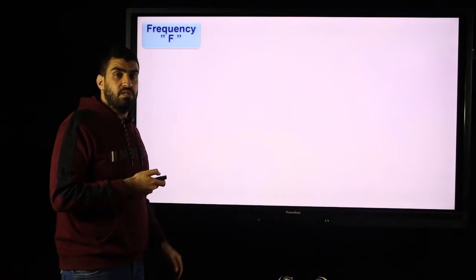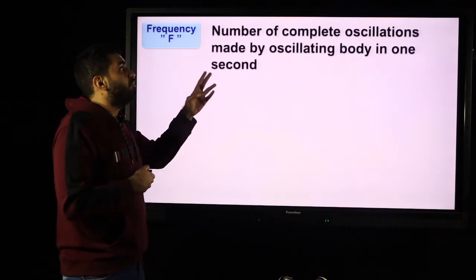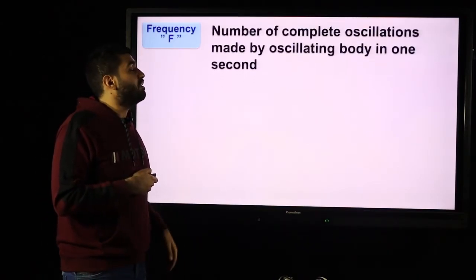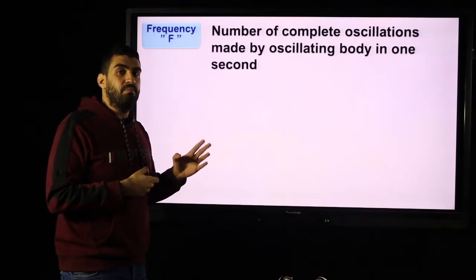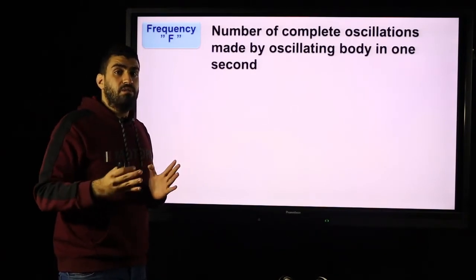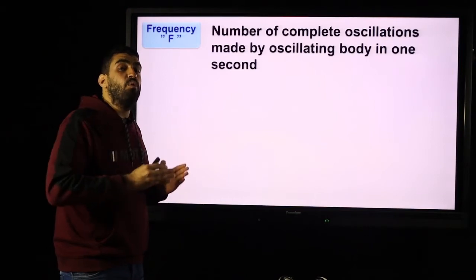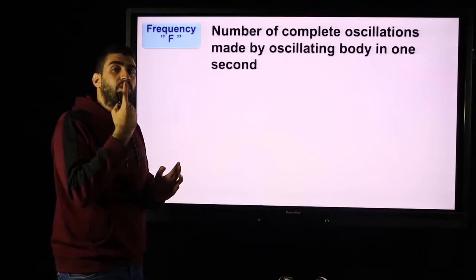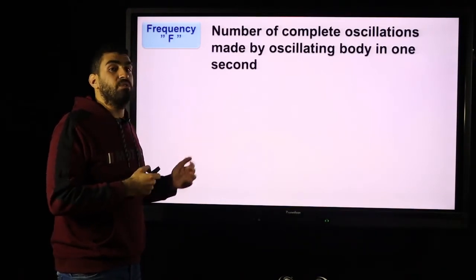Frequency, the last concept. The number of complete oscillations made by an oscillating body in 1 second. How many complete oscillations can this device or moving object make in only 1 second? It's called its frequency.